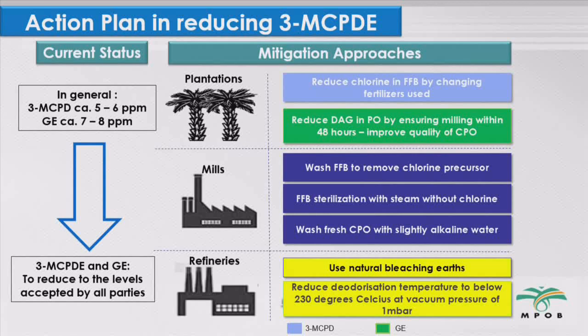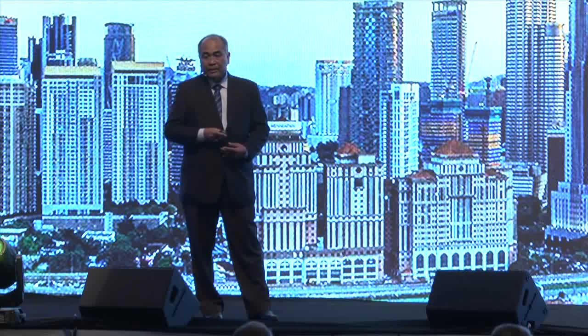So on reducing 3-MCPD in FFB, for example through fertilizer, this is going to be long term. Currently the fertilizer used has chloride content, potassium chloride, KCl, at about 1,000 ringgit per ton.